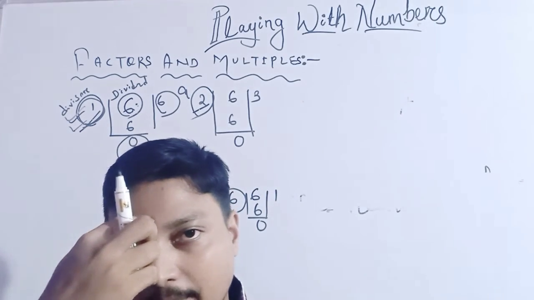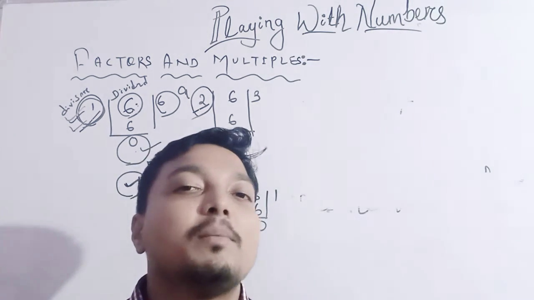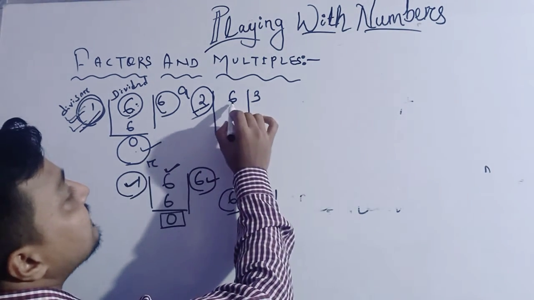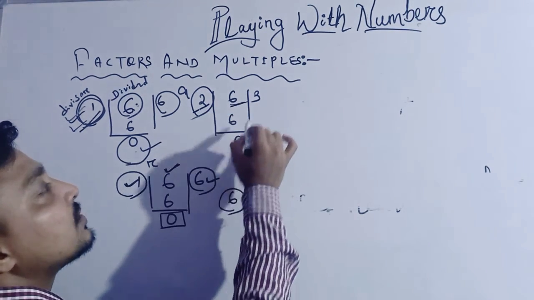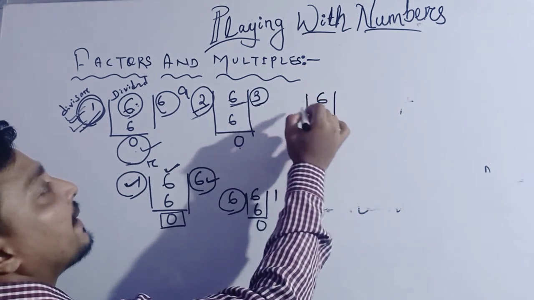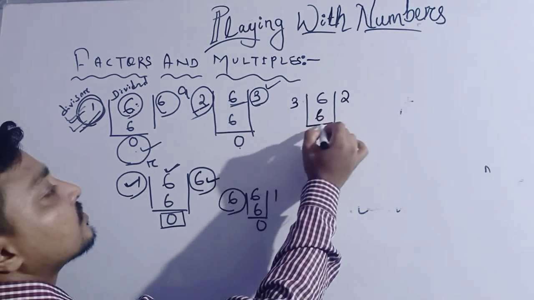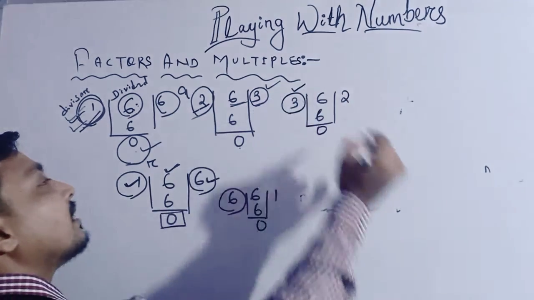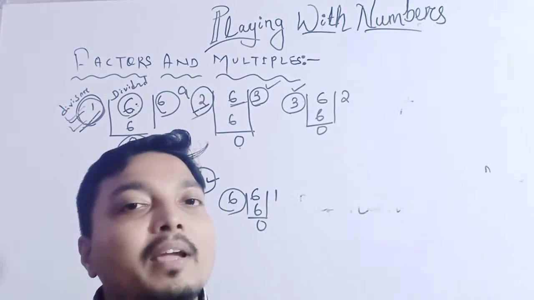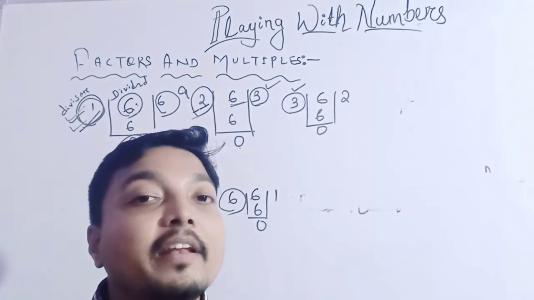Here it is the same thing. 6 divided by 2, the remainder is 0, so this is also a factor. 6 divided by 3, the quotient is 2. So the divisor is a factor, and the quotient is also a factor, whenever the remainder is 0.